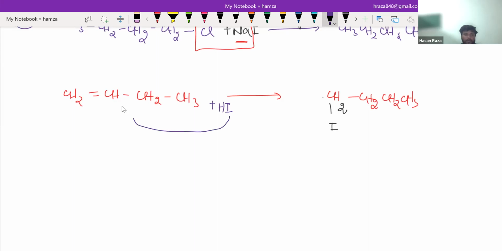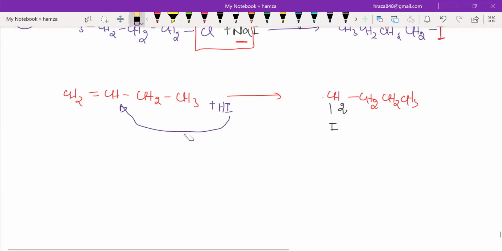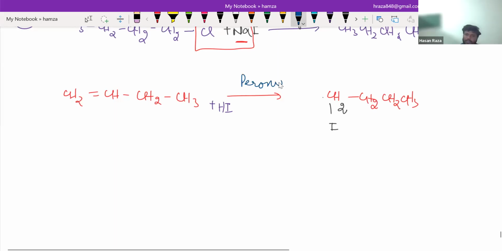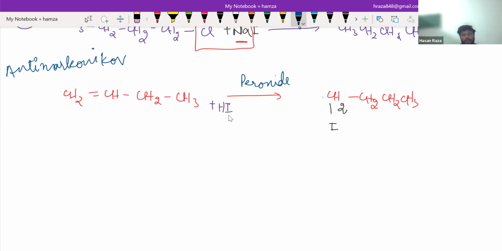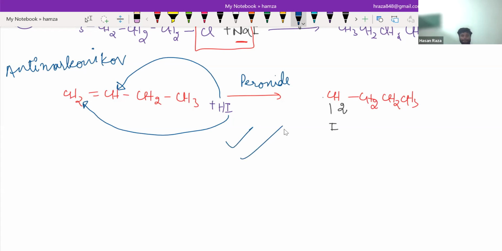So I will go to this, but this must be peroxide. In presence of peroxide, that means anti-Markovnikov, and according to anti-Markovnikov, the negative part will go to that carbon which has the greater number of hydrogen, and this will come to this. So this is the reaction.